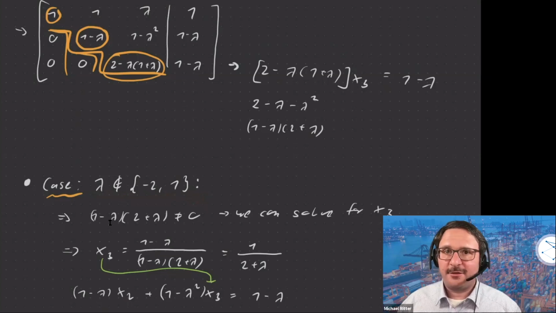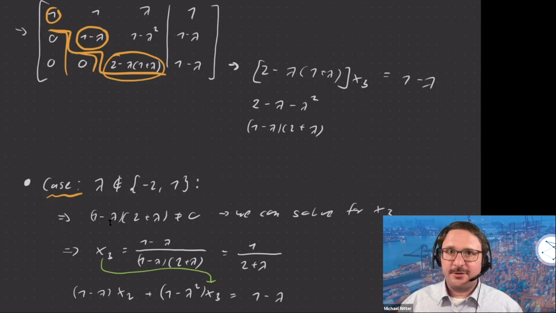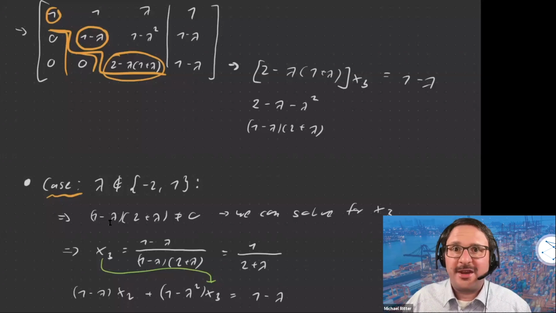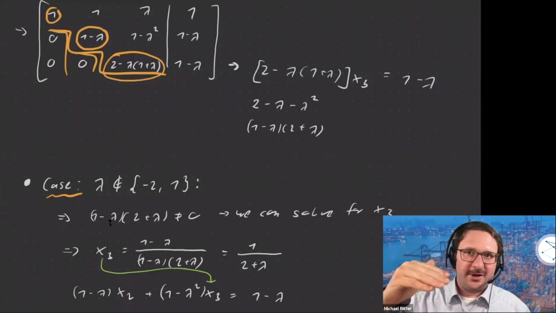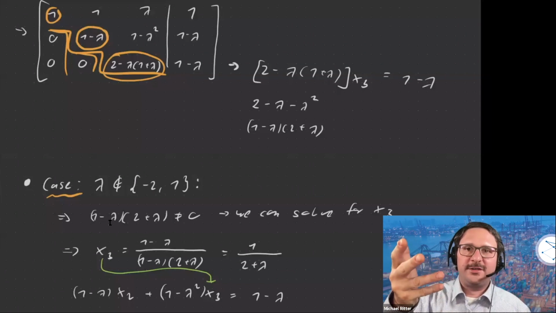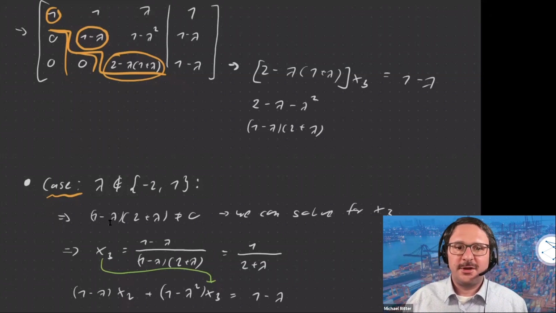And then, of course, we'll have to look at those 2 other cases, lambda equals -2 and lambda equals 1, where we cannot divide by that expression, and see what happens. And that's why we do this case distinction here. And that's also where we get our cases from. So that does not happen during the Gaussian elimination step, but only during this backwards substitution step where we actually solve the equation system. That's where we need this case distinction.